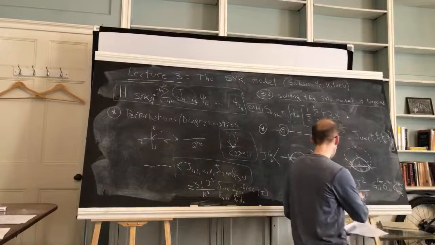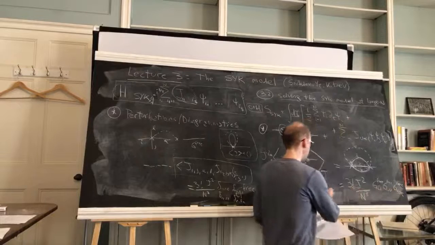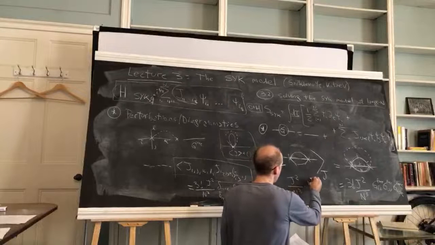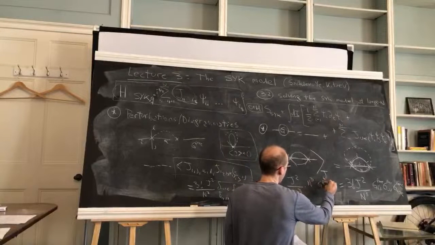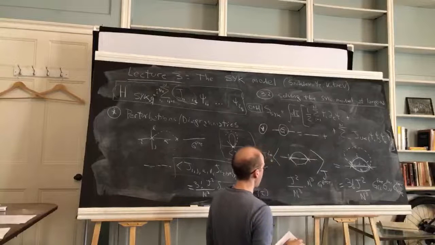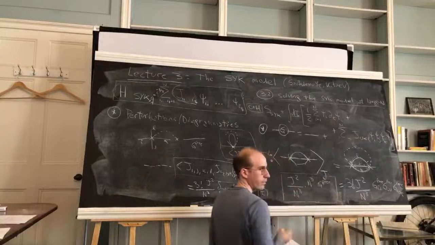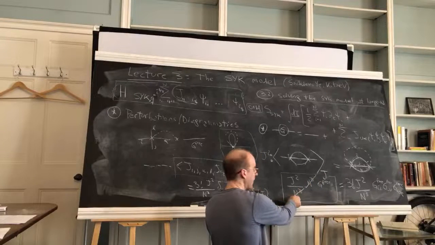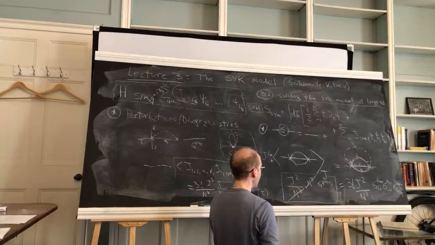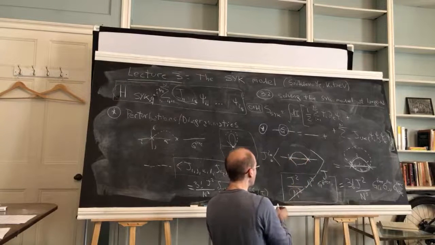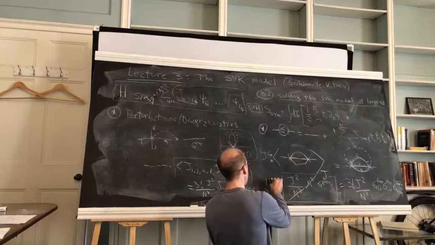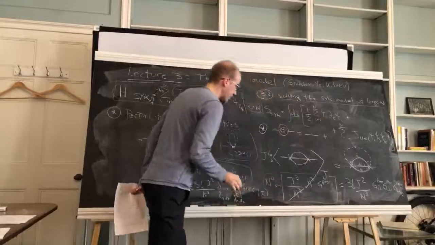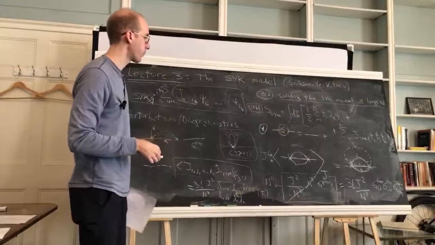So basically, what will appear over here will be J squared over N cubed times N cubed of what I called G cubed. And N cubed cancels with N cubed, and that's the reason we put sigma with this particular power of N, because now this diagram, when N goes to infinity, scales as N to the 0. So it gives a finite contribution to the diagrammatic expansion.